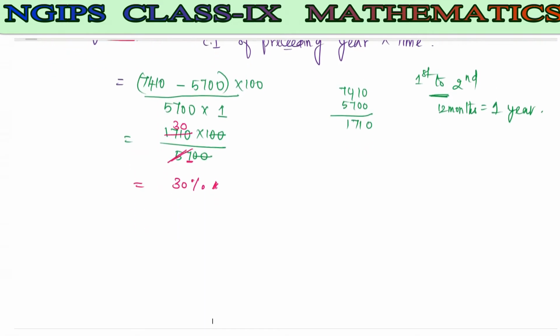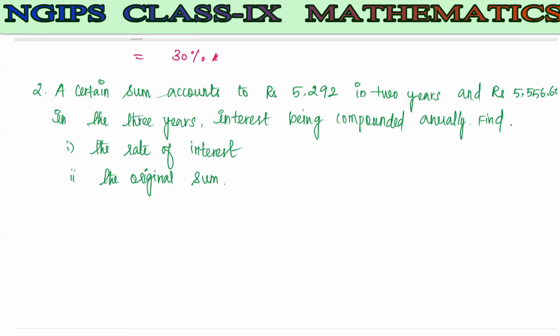Next we will move to the next question. Now look at the second question. Here we have a certain sum. When they give a certain sum, it means we don't know the principal. So the principal is an unknown value. A certain sum amounts to rupees 5292 in 2 years.